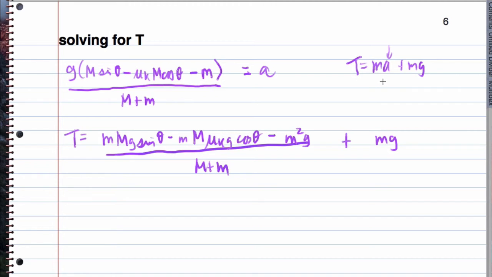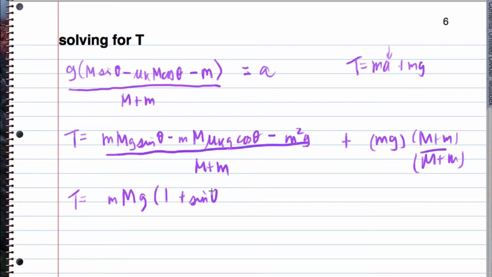And now what I'm going to do is put this over a common denominator. So I'm going to multiply this by M plus m over M plus m. When I simplify that, here's what's going to happen. I'm going to get that the tension equals big M, little m, g, times 1 plus sine theta minus mu k cos theta.